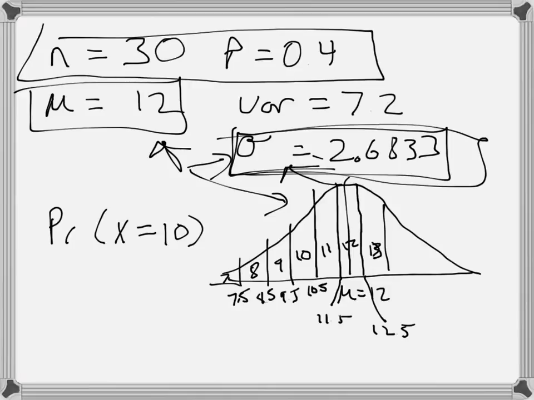So what is the probability I observe 10 successes? It is the probability we end up in this chunk of the normal distribution, and our endpoints are 9.5 and 10.5. So this is really the probability I end up in this range, and we can use our z's to tell us this.